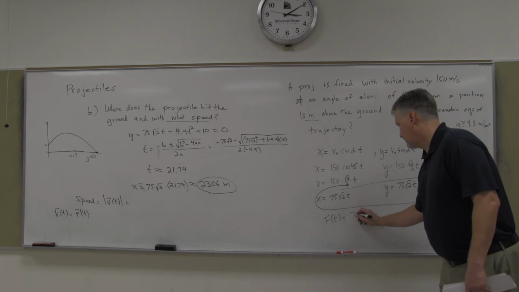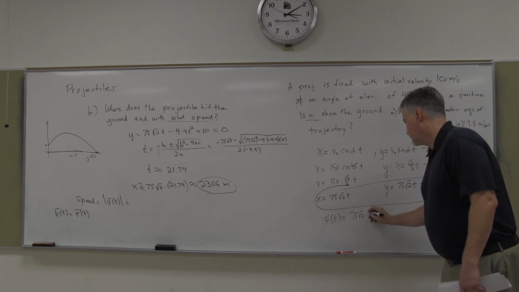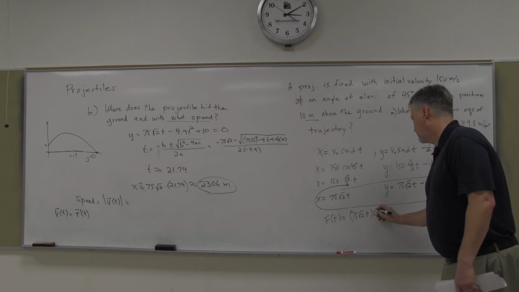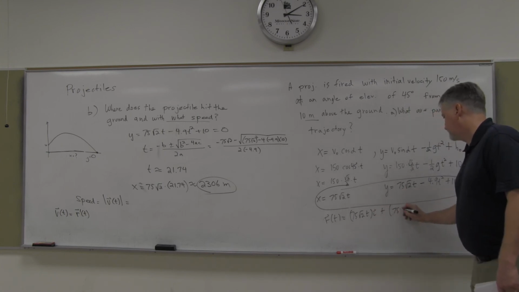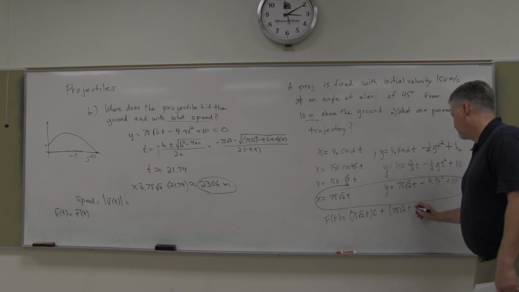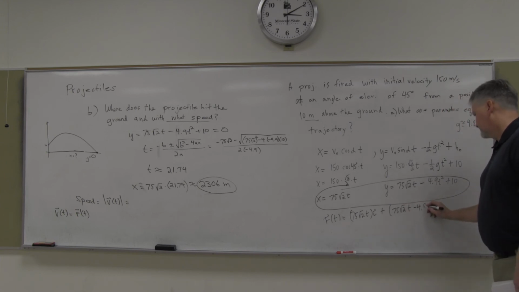So 75 square root of 2 t is the i component, and the other is the j component. I'm just taking the derivative of these two to get the velocity.